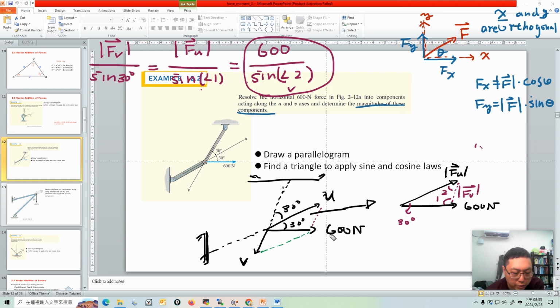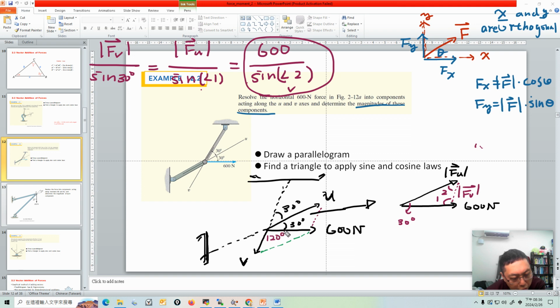Yeah, this is a geometry problem. Okay, let me see. This is a straight line, so here is 180 degrees. So this must be 120 degree. And since this is parallel, what information do we have?